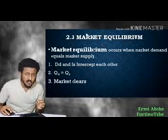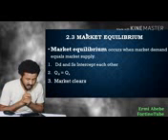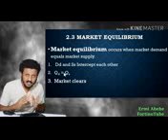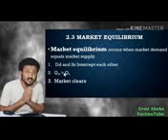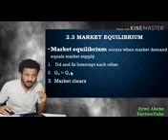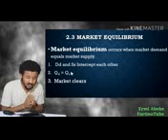So to characterize market equilibrium, first, the demand and supply curves intersect each other. Second, quantity demanded and quantity supplied at that moment are the same, and we call it the equilibrium quantity. The price that is at the level of equilibrium is known as the equilibrium price.